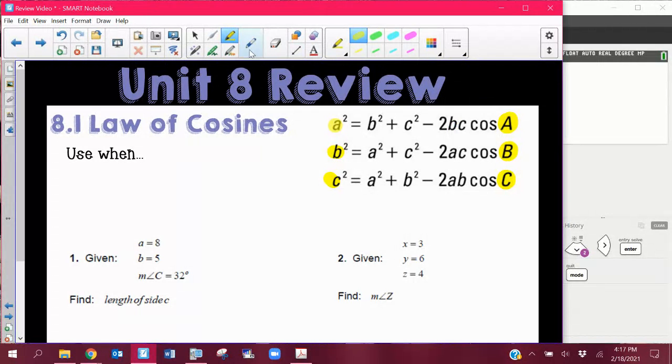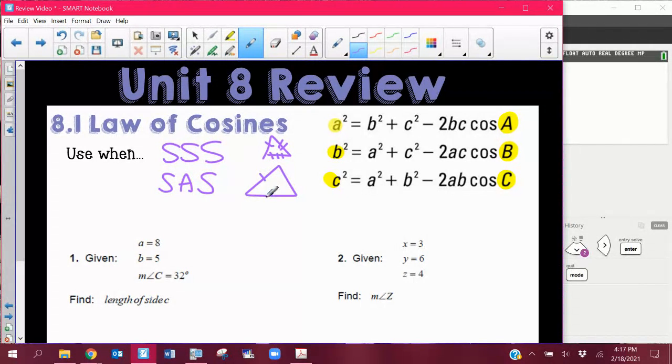Okay, you're going to use these formulas when you're given enough information to use them, basically. And when that's going to occur is when you have 3 sides. So you have a side, side, side triangle, so you know all 3 of the sides. Or if you have a side angle side triangle, and that's when you have 2 of the sides and you know the angle in between those 2 sides.